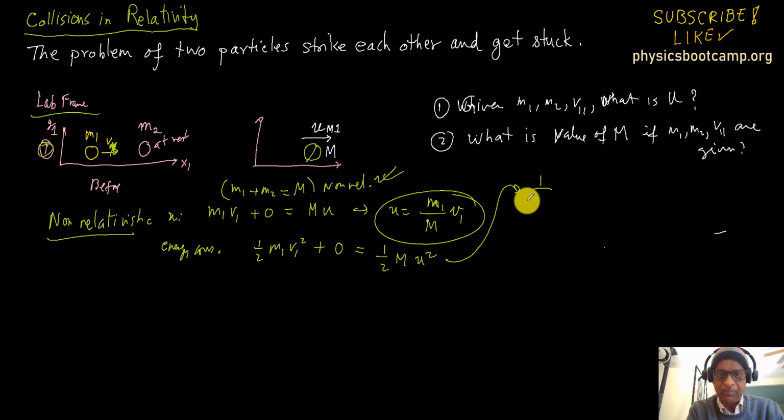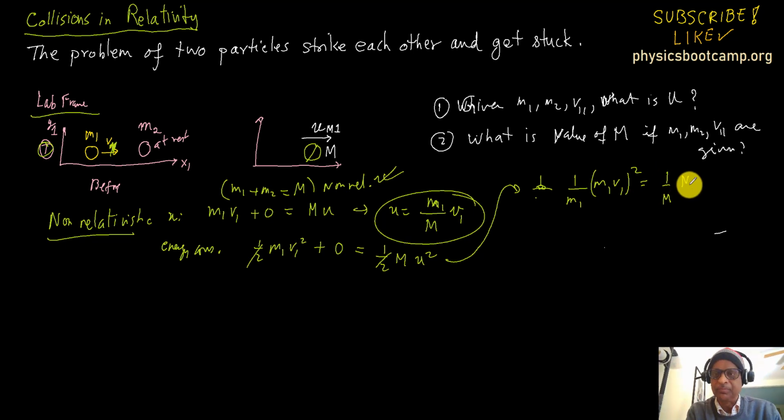So the 1 over 2 cancels out, and we have 1 over M1 V1 squared equals 1 over M U squared, and from this we cancel out M1 V1 with M U, and then if this was all the case, you have M equals M1, which is not correct, right?